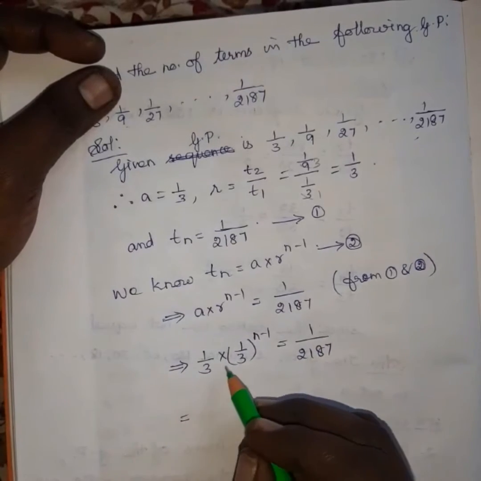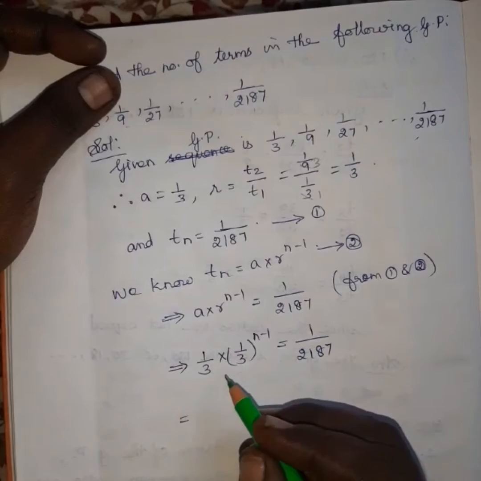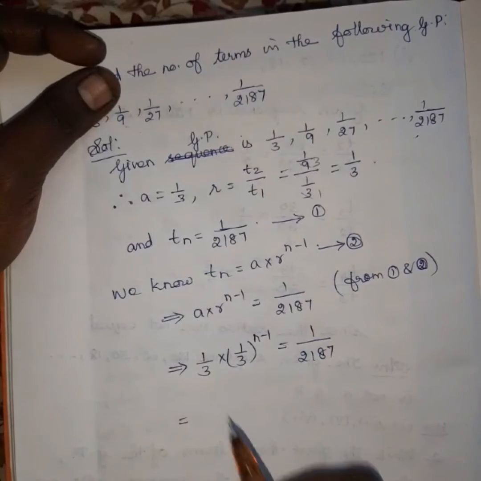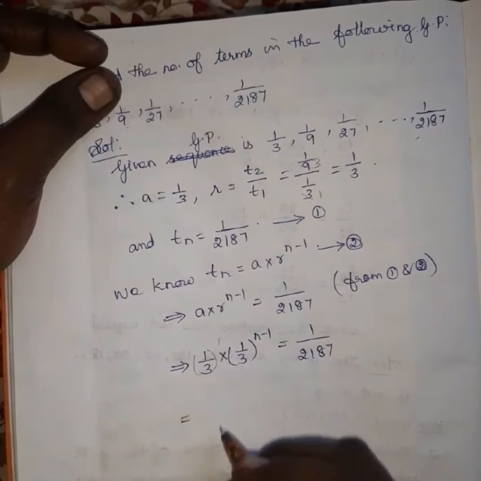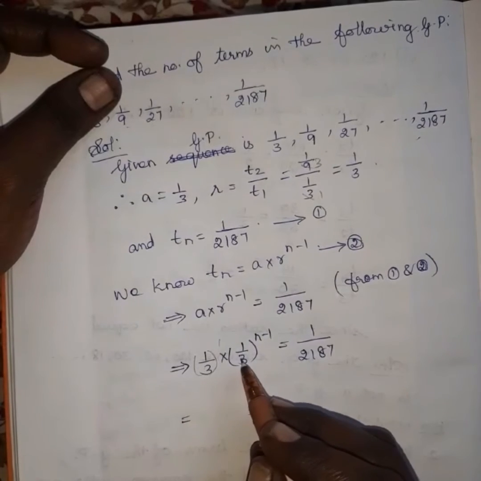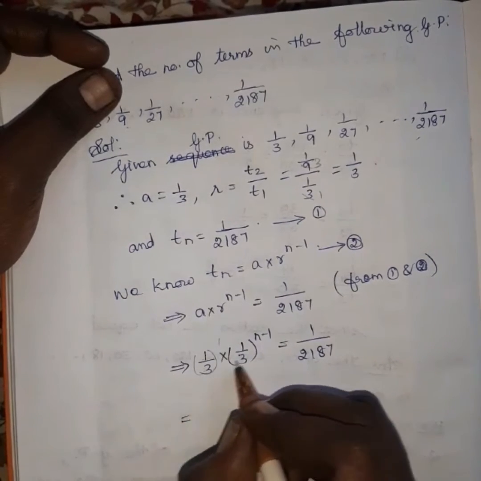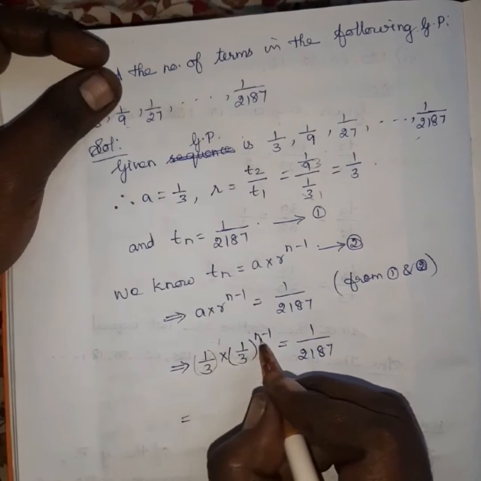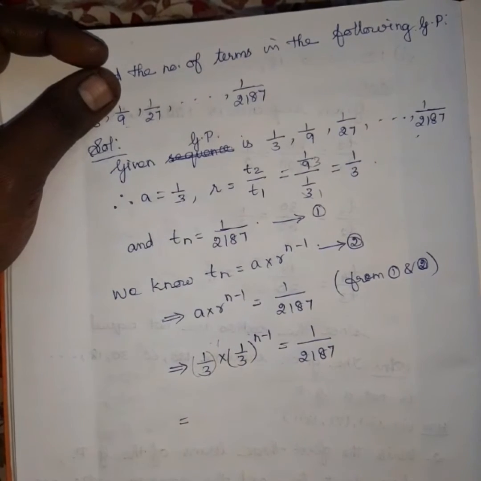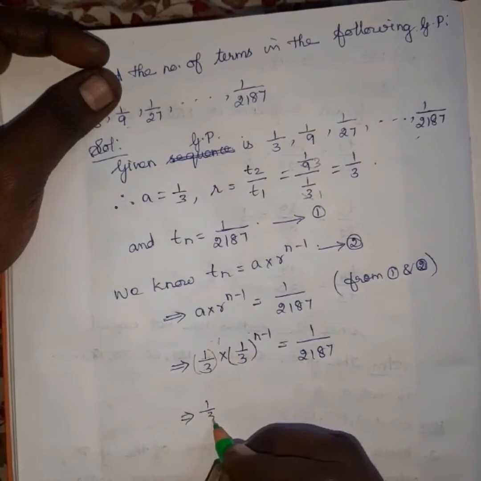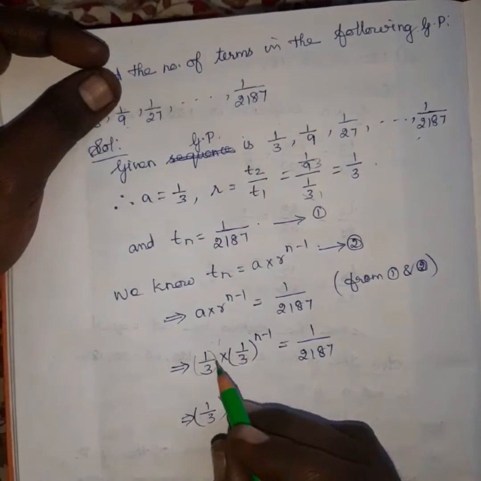Okay. Now 1 by 3 into 1 by 3 the whole power n minus 1. 1 by 3 means that is the whole power 1. Now the bases are the same, so we can add the powers, 1 plus n minus 1. What is the value? It is n. Okay. So 1 by 3 the whole power n. Are you clear?